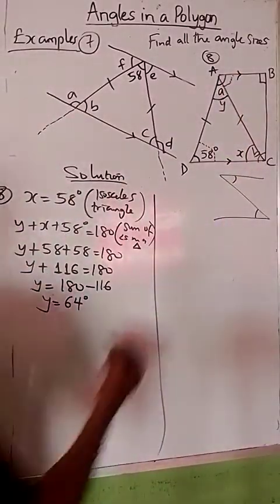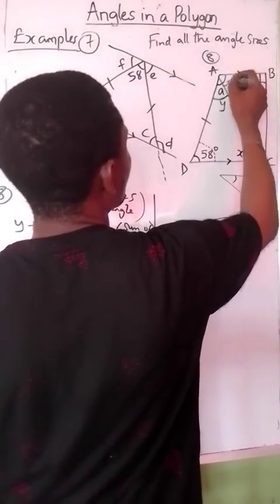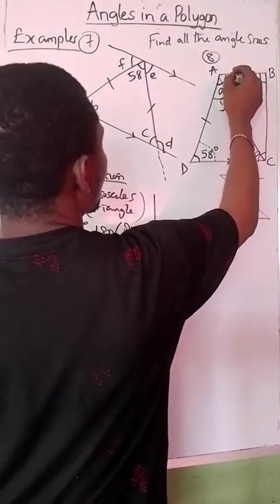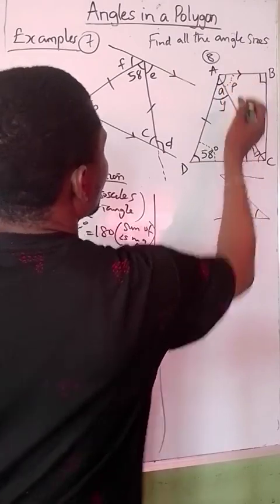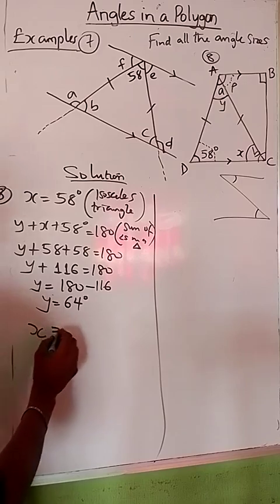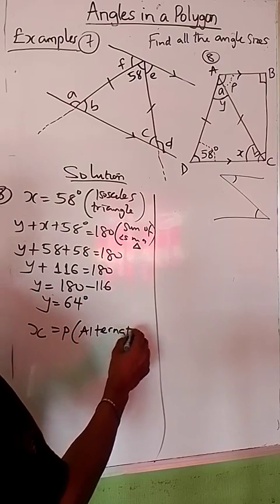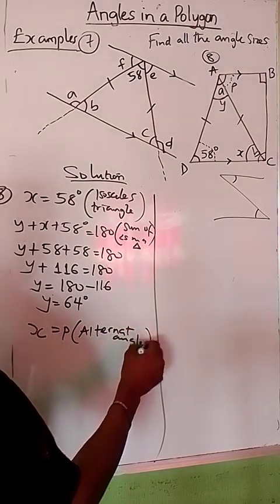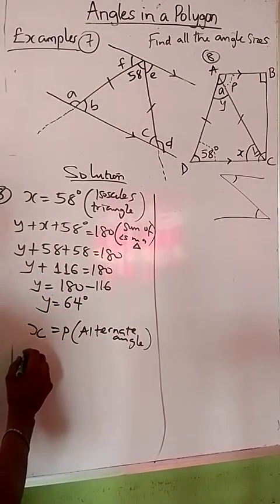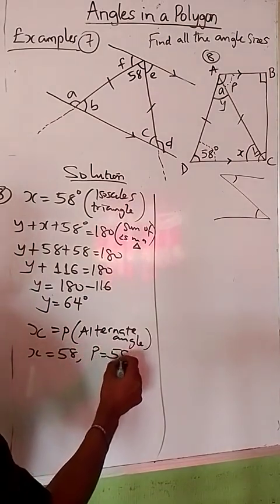Alternate angles. So let's name this P. So X equals P, alternate angles. So since our X is 58, X equals 58 and P equals 58.